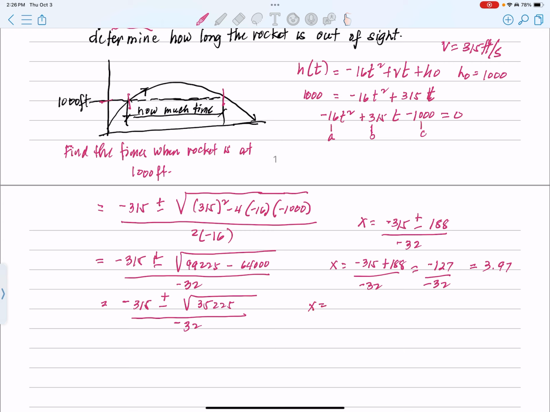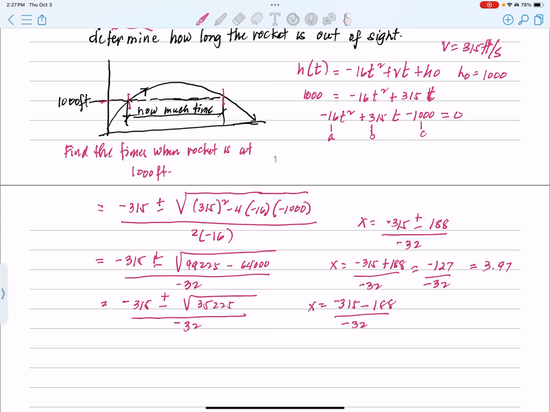Let's do the other one. I will do negative 315 minus 188 divided by negative 32. Okay, I have two negatives there. Hold on, I'm trying to get my calculator here.